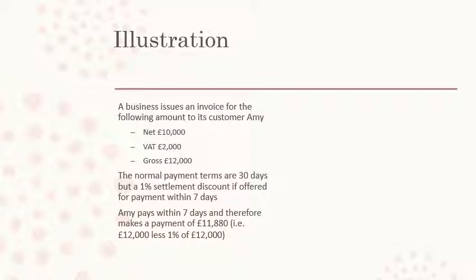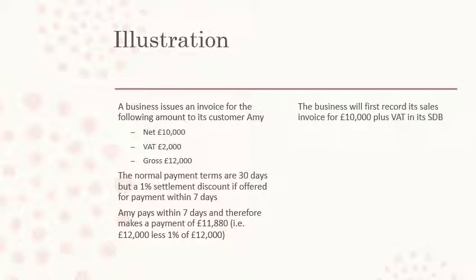So if Amy pays within that 7-day period, she'll be able to make a payment of slightly less than £12,000 to clear the outstanding amount. The actual amount that she would pay would be £11,880. So that's 12,000 less 1% of 12,000.